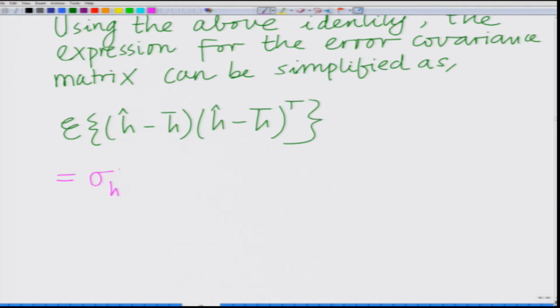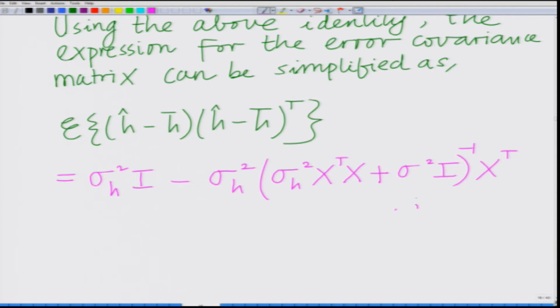This is equal to sigma h square identity minus, now instead of sigma h square x transpose times sigma h square x x transpose plus sigma square identity inverse, I am going to employ sigma h square x transpose x plus sigma square identity inverse into x transpose times sigma h square x.